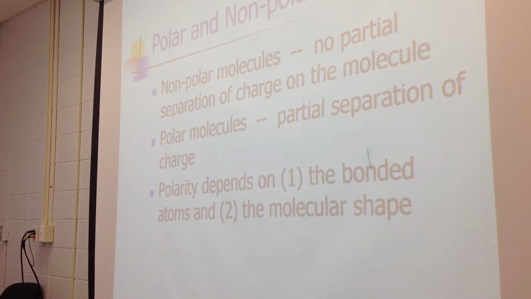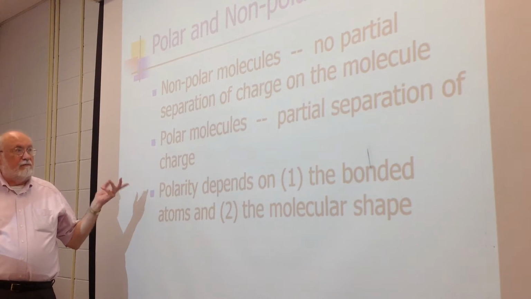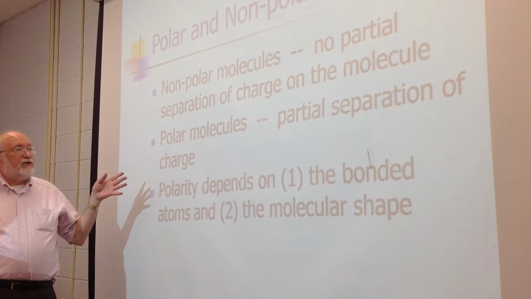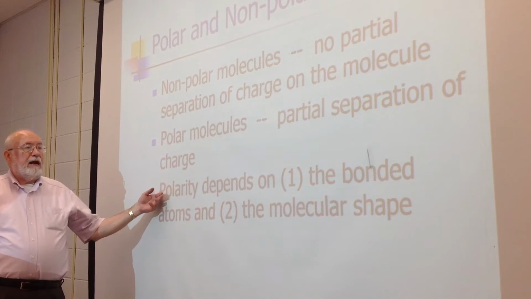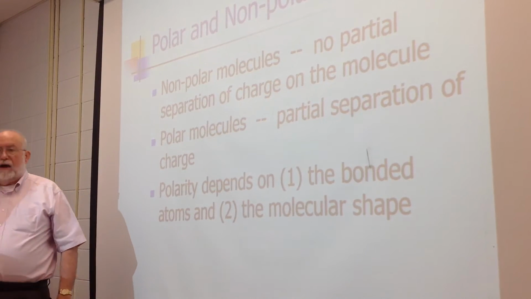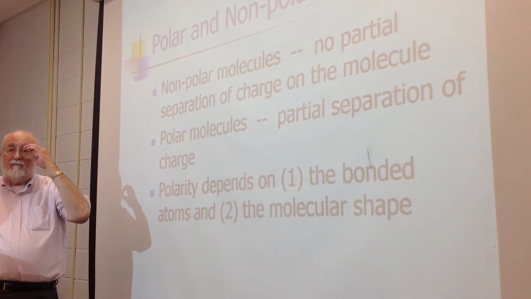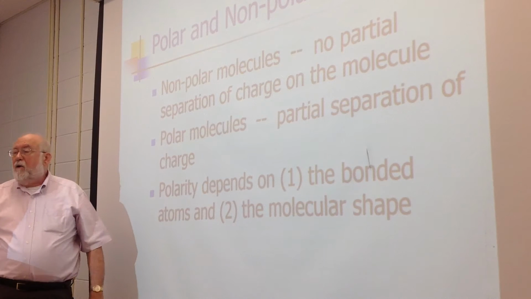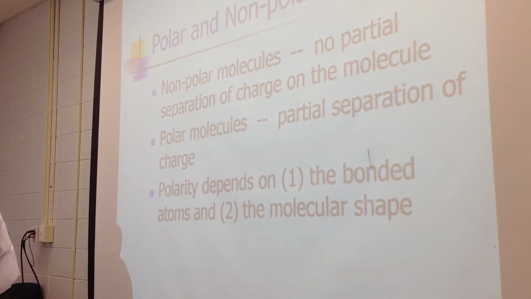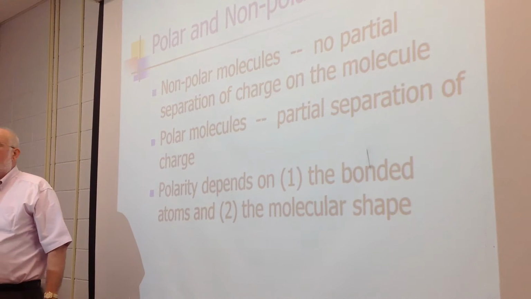All right, now, polar, nonpolar molecules. Just as we can have polar, nonpolar bonds, we can have polar, nonpolar molecules. We've already seen that for the two atom ones. Polarity depends really on what the atoms are and the shape of the molecule. All right. So, if we continue on from there, we already know with two atom molecules, if they're two atoms of the same element, it's nonpolar.